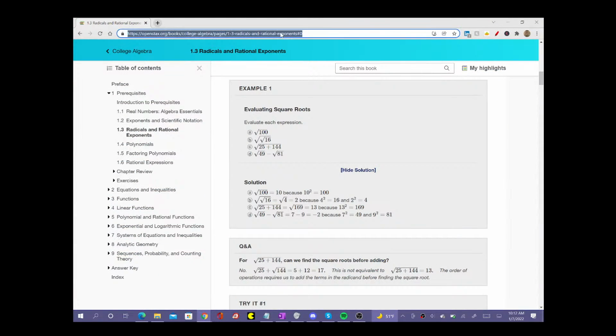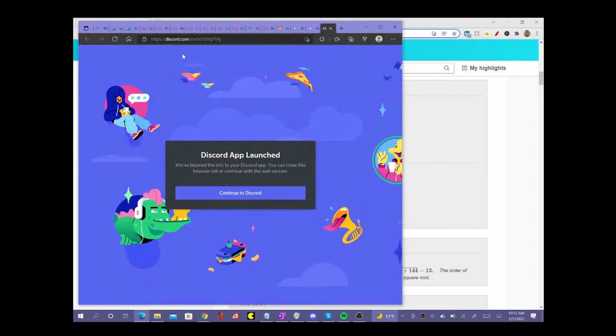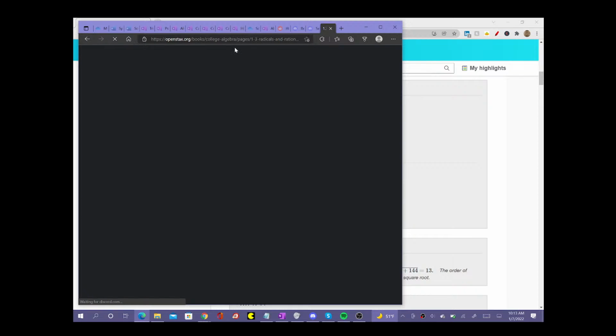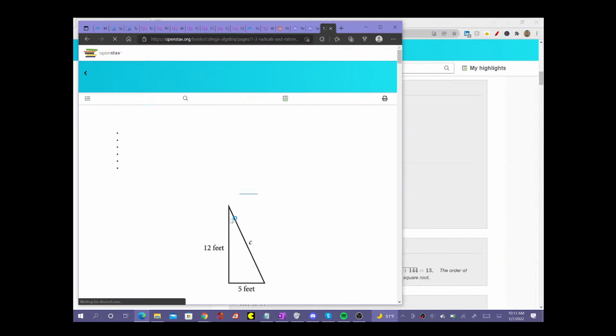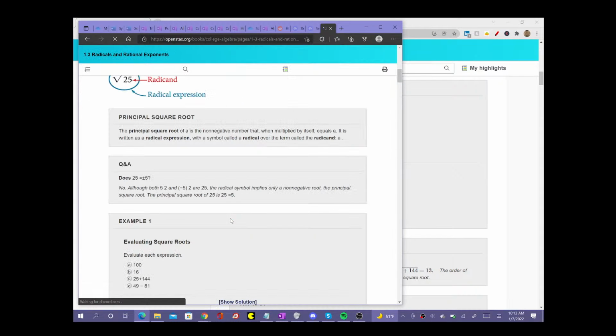So, I feel like it's a lot better if I do it this way on here. On not OneNote, Microsoft Edge.